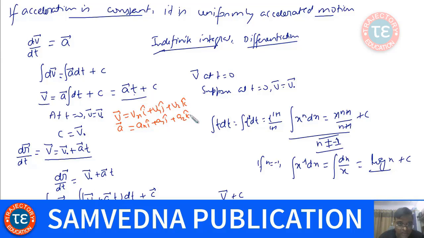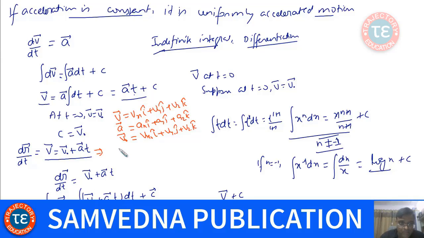So a is ax i plus ay j plus az k, and suppose v naught is the velocity Vx naught i cap, Vy naught j cap and Vz naught k cap, and you put everything over here and just equate the coefficient of i cap, coefficient of j cap, and coefficient of k cap.